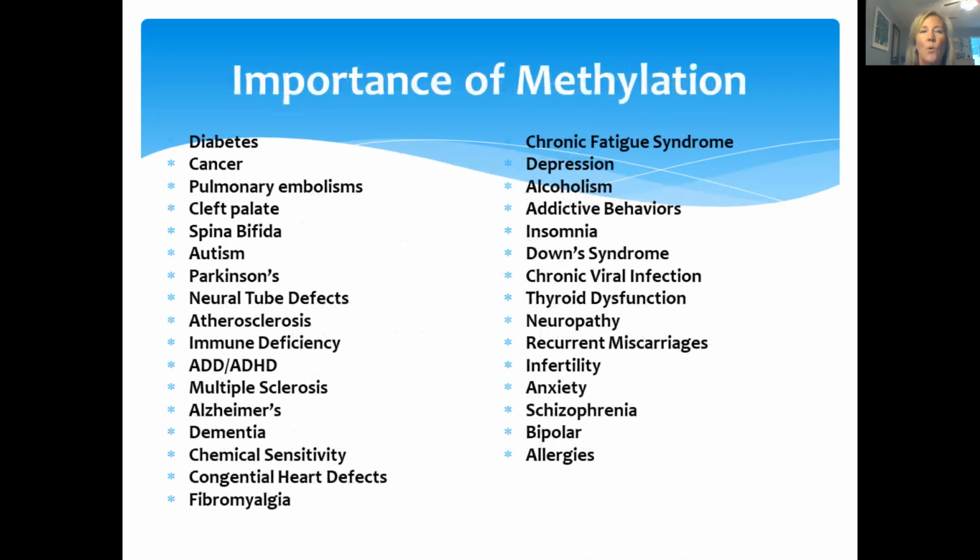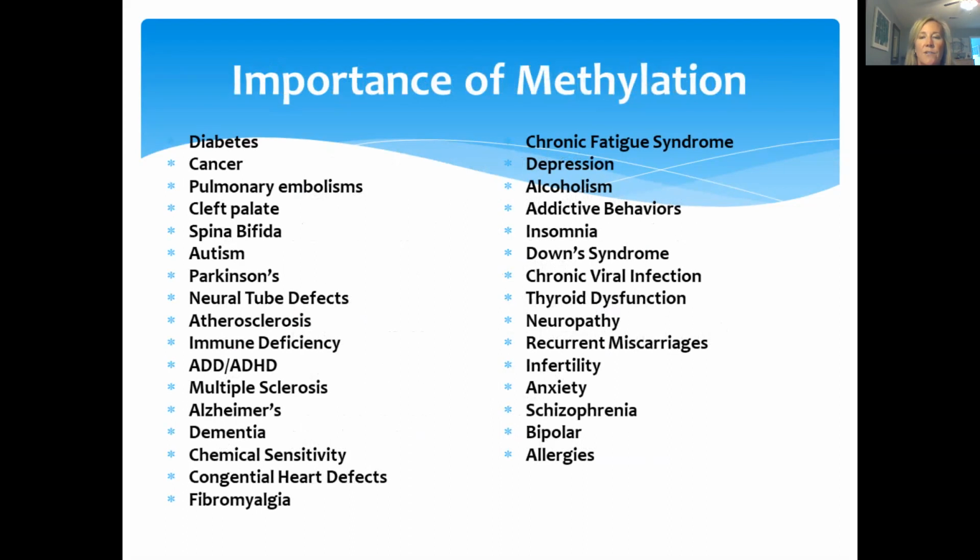Okay, why again is it important? These are just a fraction of the diseases. Methylation is important in over 200 reactions in our body. And there are so many diseases that methylation has its roots in. And in the first video, I kind of went into some of them.